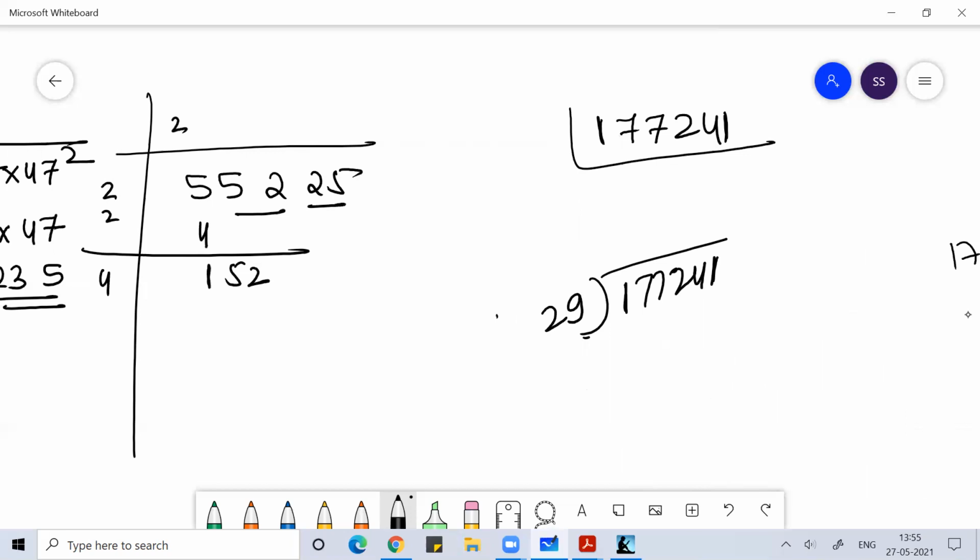29 से जाएगा क्या? 29 थ्री जा 87 होता है, 29 फोर जा 116, 29 फाइव जा बड़ा आ जाएगा, नहीं छोटा ही आएगा. 29 सिक्स जा 54, 5 12, 12 प्लस 174. 6 से जा रहा है, कितना? 174 सर. आई डोंट थिंक दिस इज अ परफेक्ट स्क्वायर.